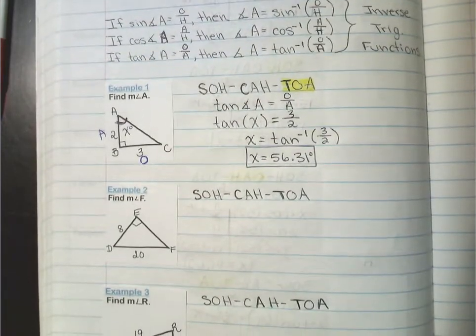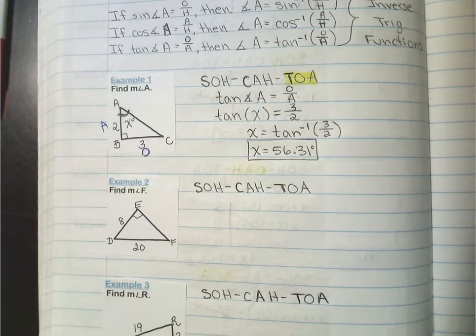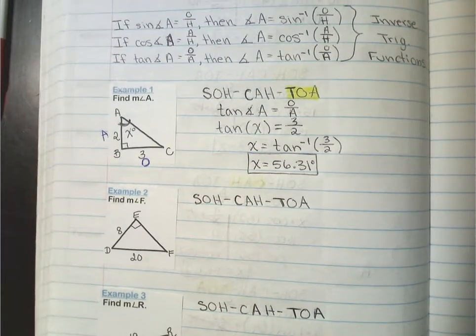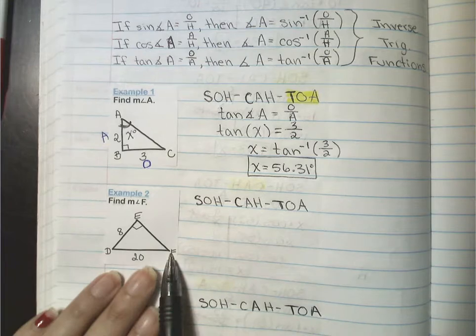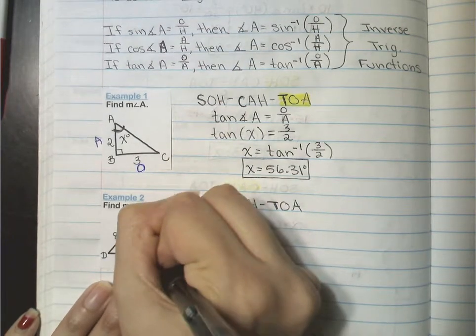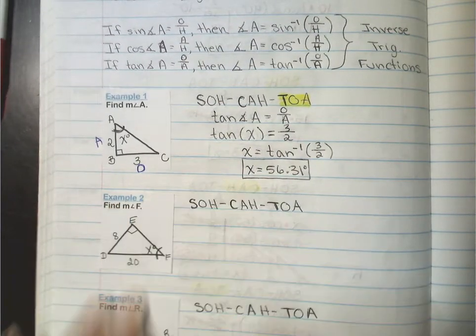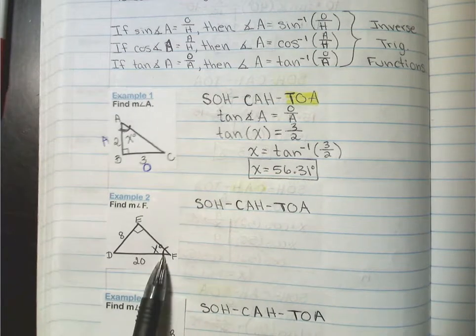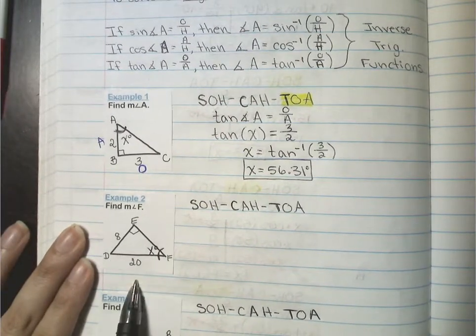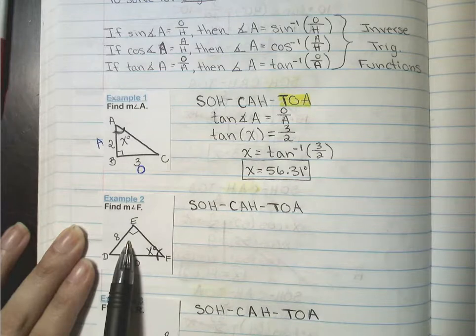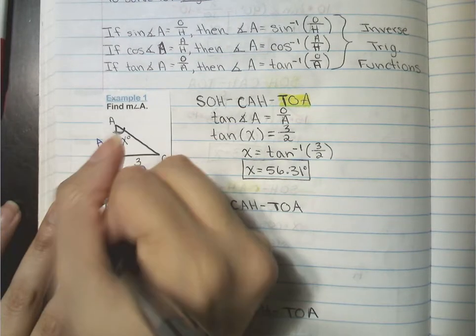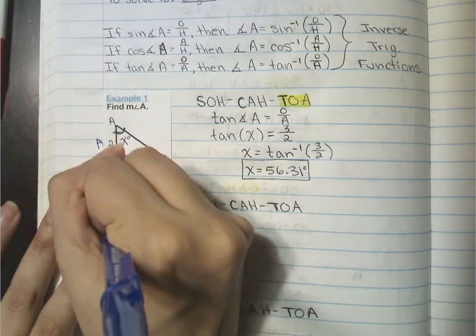Okay, sample 2. They're asking me to find the measurement of angle F. Here's angle F. I'm going to label that with x. Based on this angle, I'm going to label the 8 and the 20. Opposite from the x, I have that 8. So that has to be my O, opposite side.